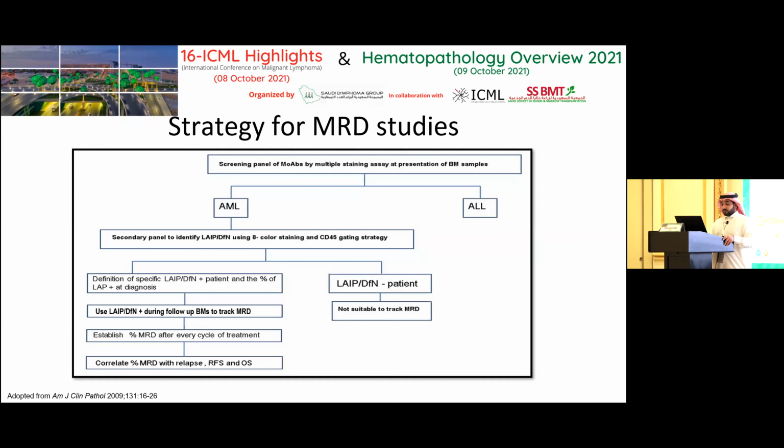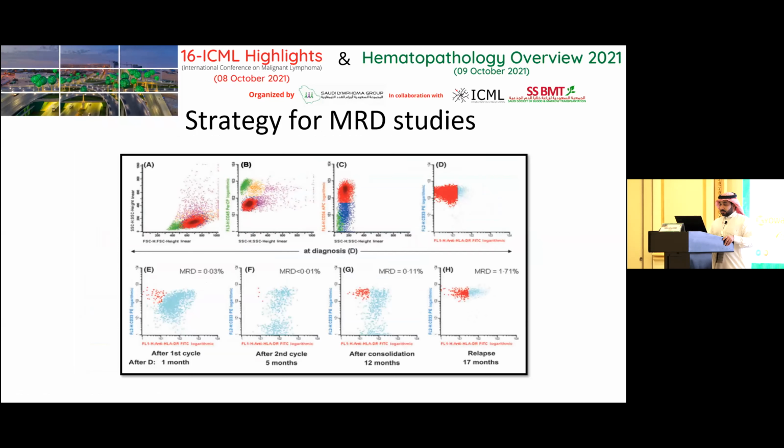In this case, you can see the gating strategy, where they use forward and high side scatter to track the blast, with the positivity of CD45 and CD33, and you can see after the cycles of chemotherapy, the decrease of the leukemic blasts.